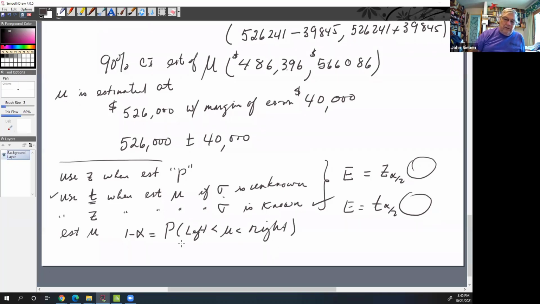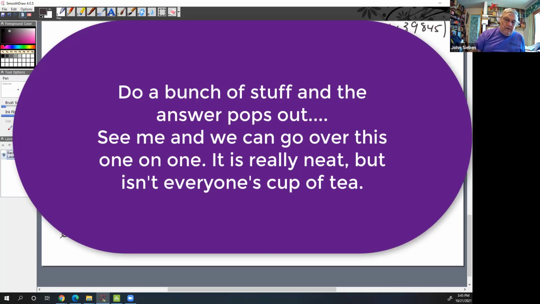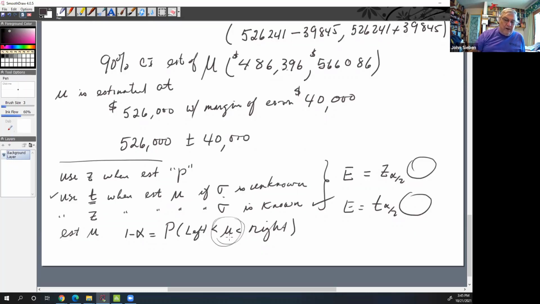And then we do a bunch of algebraic manipulations on this statement right here, and we wind up with this thing in the center.